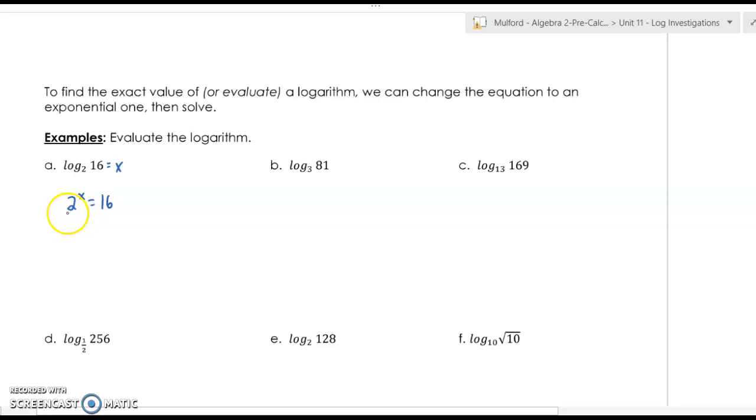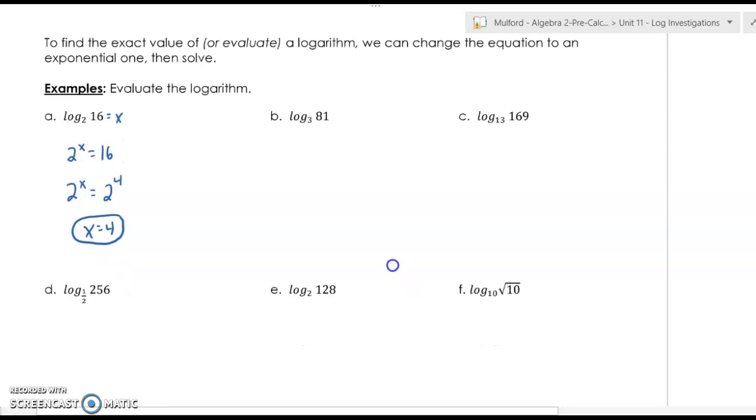On the left side, I've got a 2. I can't make that any smaller. But on the right side, I can turn 16 into a power of 2, and that would be 2 to the 4th power. Now, if the bases are equal, then I can just set my exponents equal. So x would equal 4. And that's what the logarithm will equal. In other words, the exponent of 4 on the base 2 would give me 16.